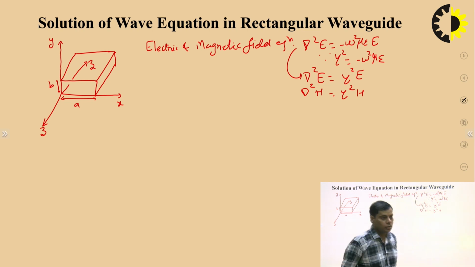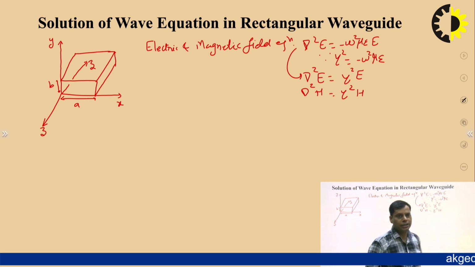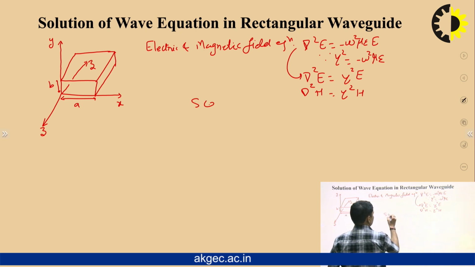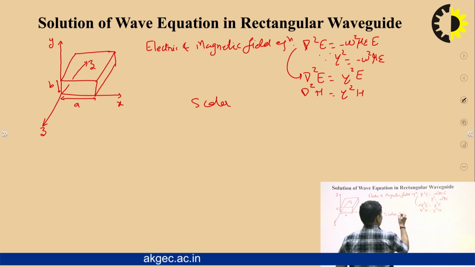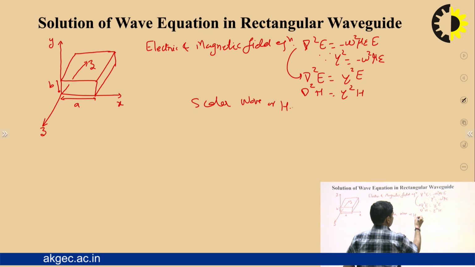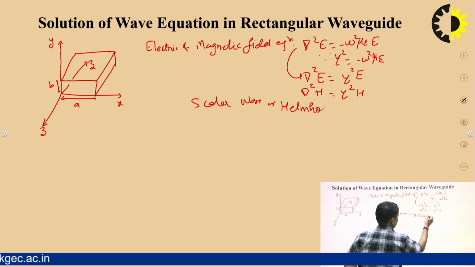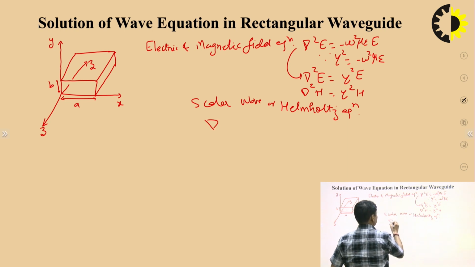The rectangular components of E or H satisfy the scalar wave equation or Helmholtz equation, which is given by del square psi is equal to gamma square into psi.